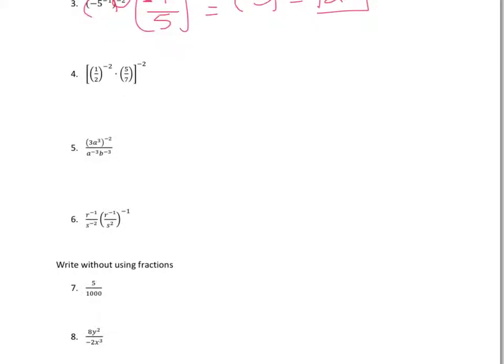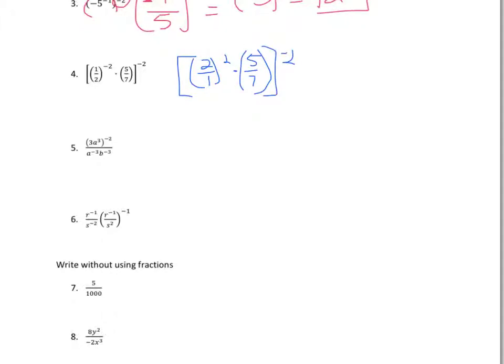Number 4 here, we've got to flip this whole thing upside down. We work inside the parentheses first. So working inside the parentheses, we've got 2 over 1 squared times 5/7. And that whole thing is going to be to the negative second power.